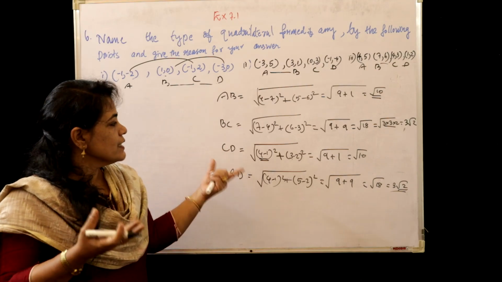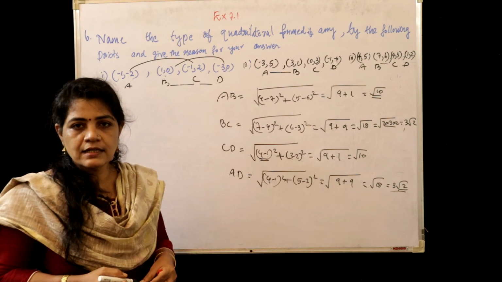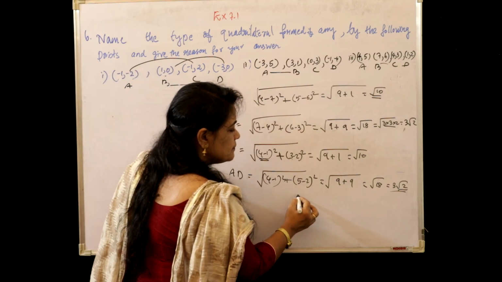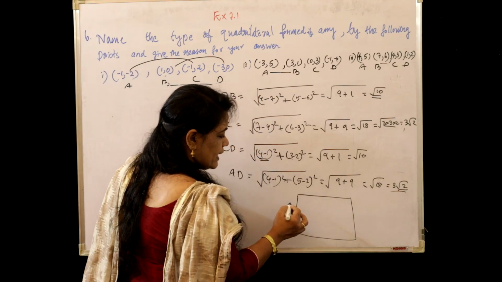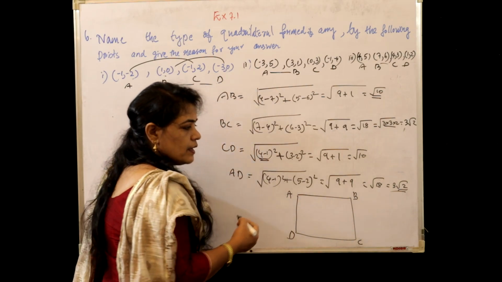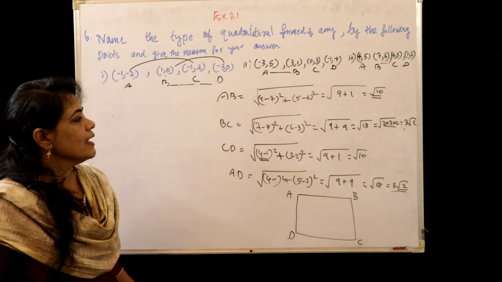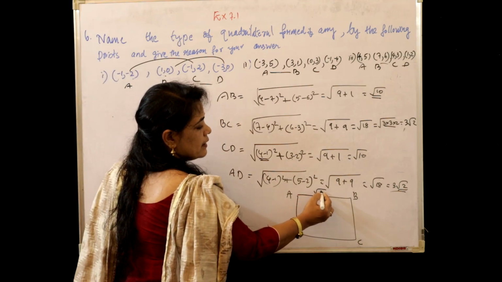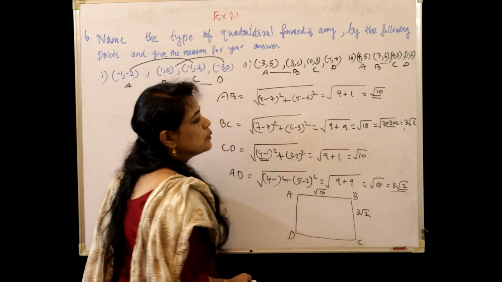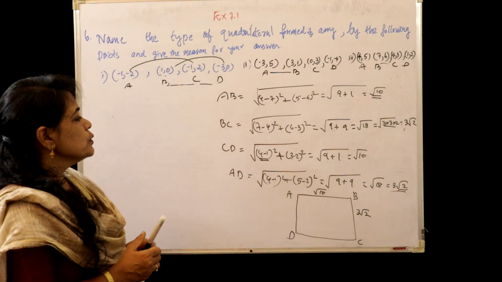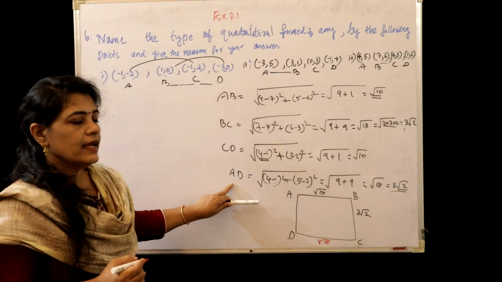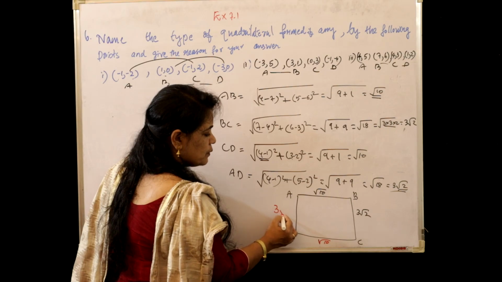So children, after getting the length of the 4 line segments, you can see that this will be the quadrilateral, and if you are naming it like this, AB, CD. Okay. See what we have seen, how can we mark this children? AB equal to root 10, BC equal to 3 root 2, and CD equal to root 10, and AD equal to 3 root 2.